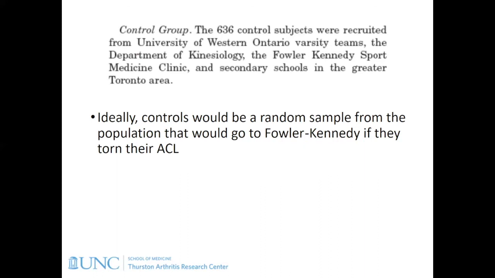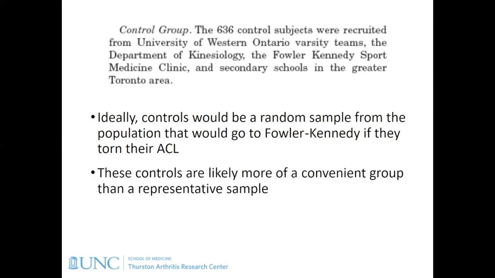And that might help at least make sure that your control group that you're identifying, if you've done the big cohort study, they probably would have been a part of that. But here we start to have more of a convenience sample rather than one that's representative of who would have been in that cohort study. That makes sense.